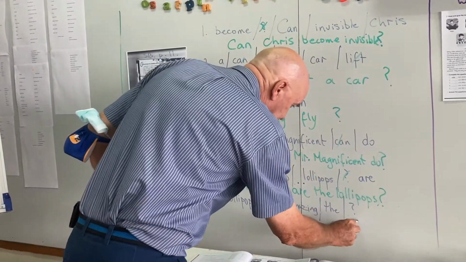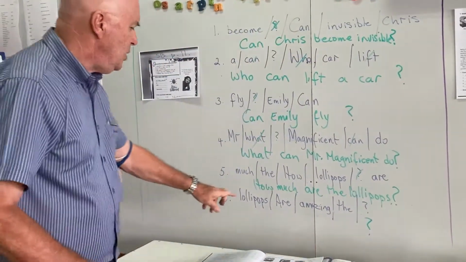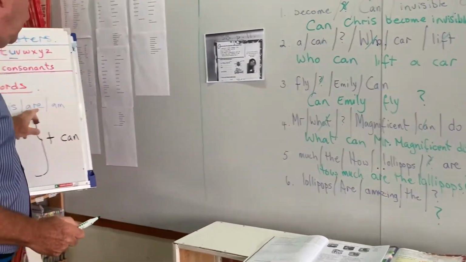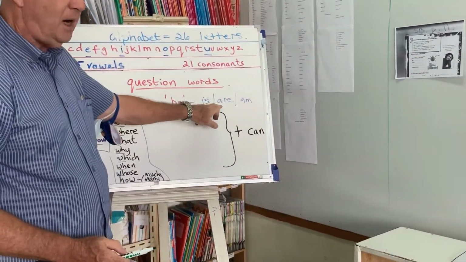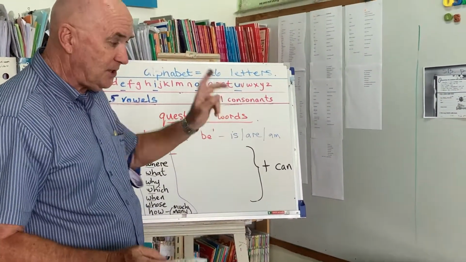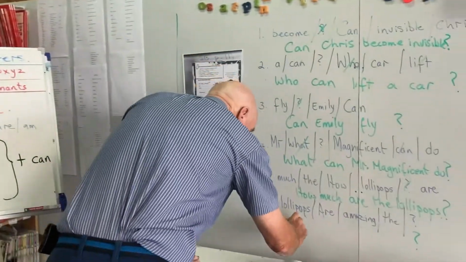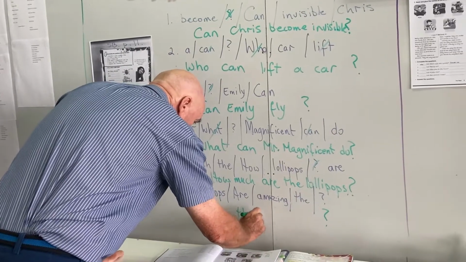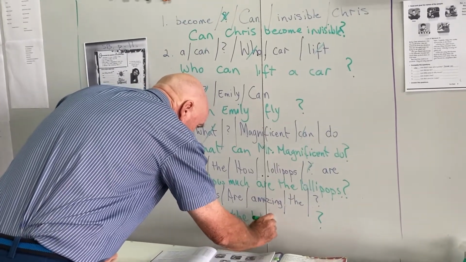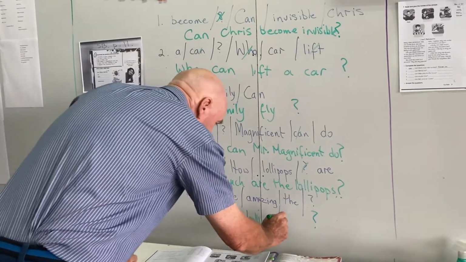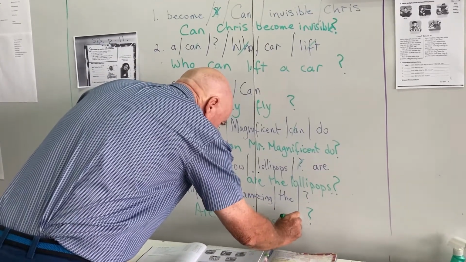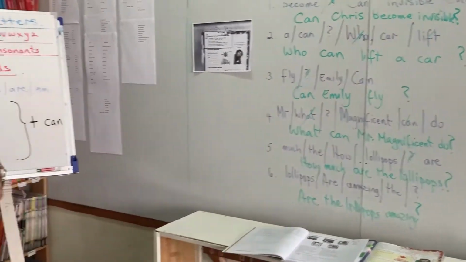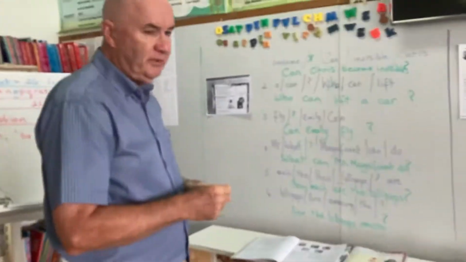Okay, question mark last. Now, no WH question word. No can, but here look, we've got are from the verb be. So that's going to be the question word. So it's going to be are, and then our subject, what are we talking about? The lollipops. And then our verb. It's amazing.